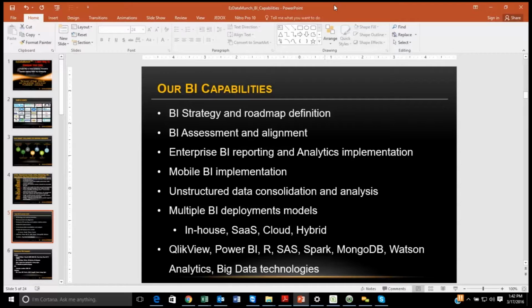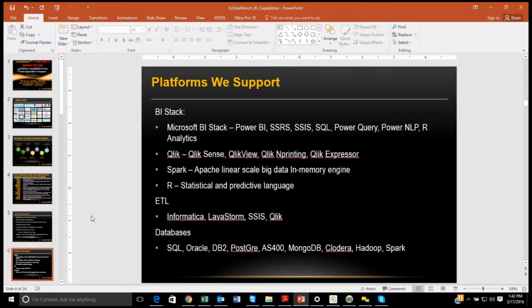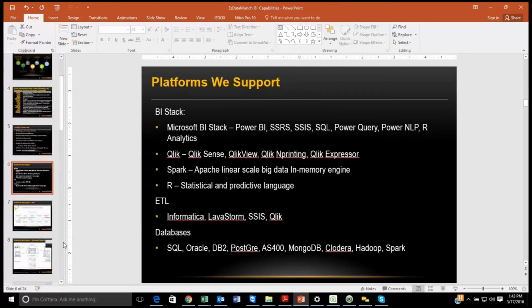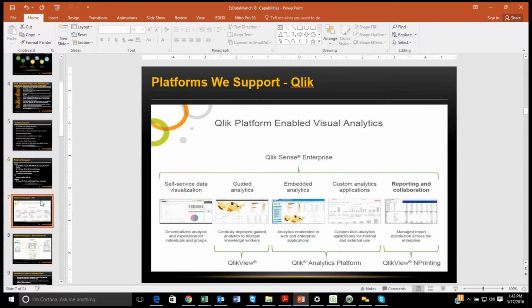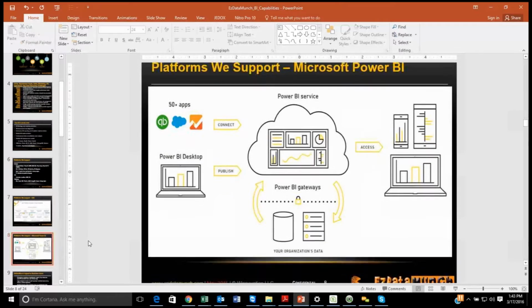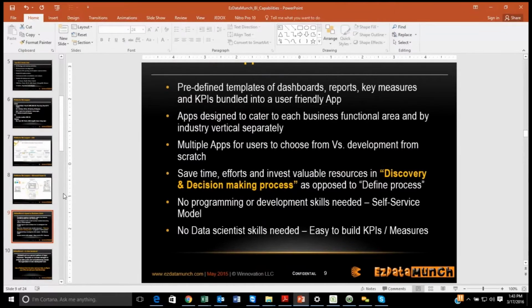We have one of the largest portfolios of pre-built BI applications that can be leveraged by our customers, and we work on multiple technology stacks to make sure your existing investments are well supported and utilized. The platforms that we support are Qlik, Power BI from Microsoft, SAS, R analytics, Spark, and big data platforms as well.